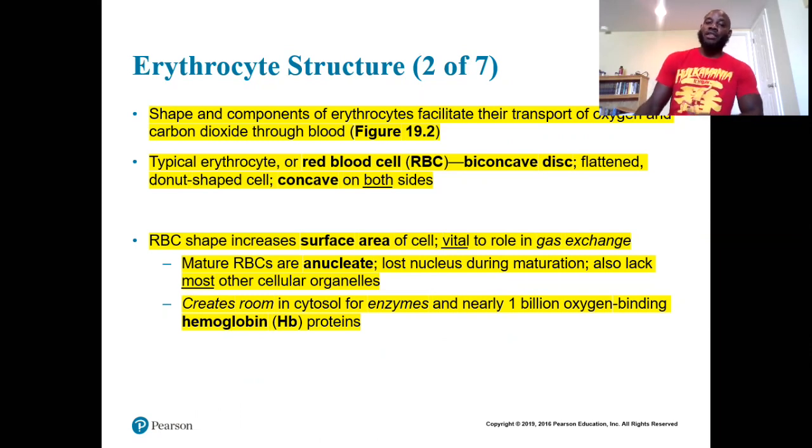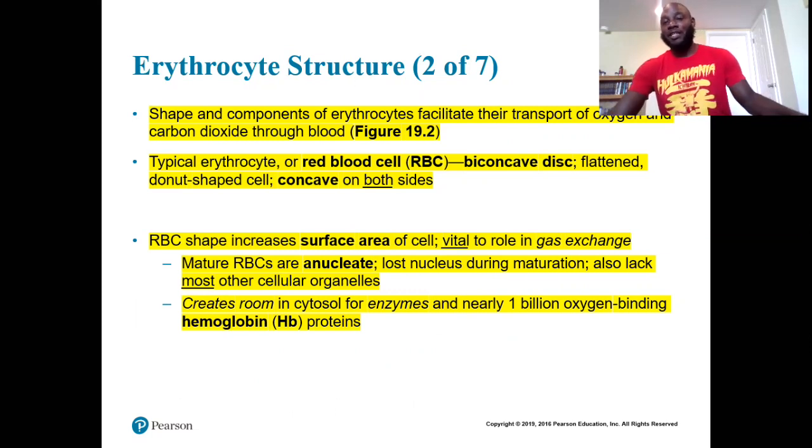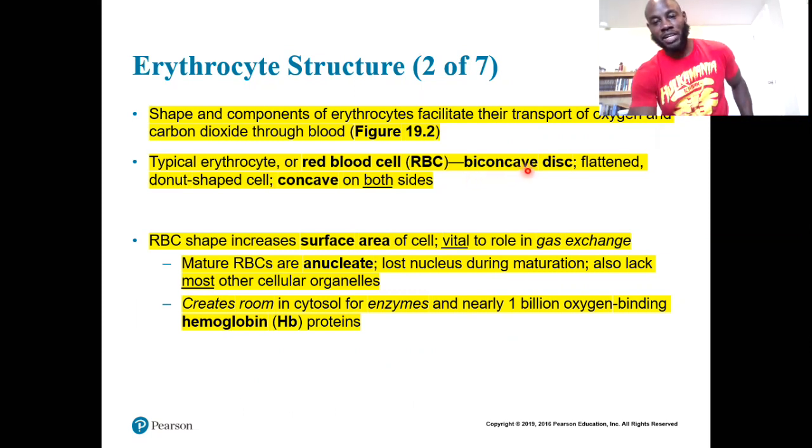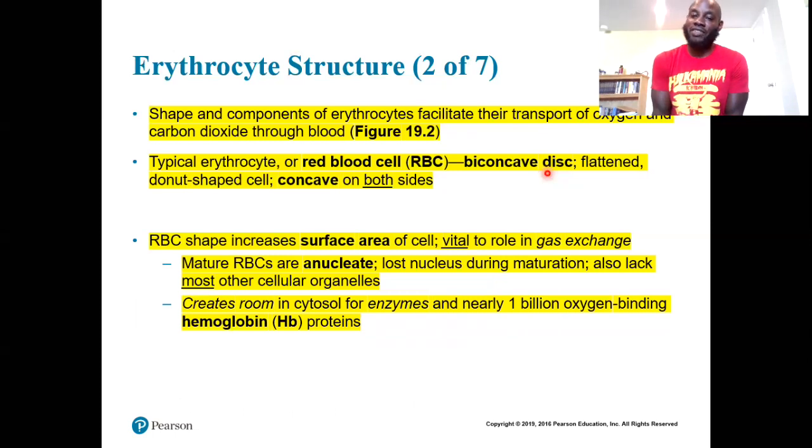You'll see the term erythrocyte, which we've already said. You'll see the term red blood cell, RBC, and you'll see the shape is classified as a biconcave disc, which is a sort of circular shape, flattened disc that has sunken in the middle. What does this do?